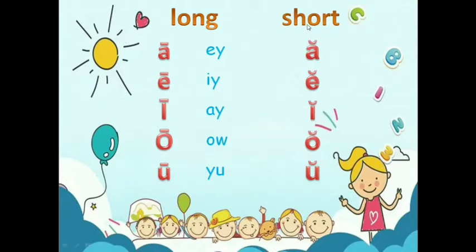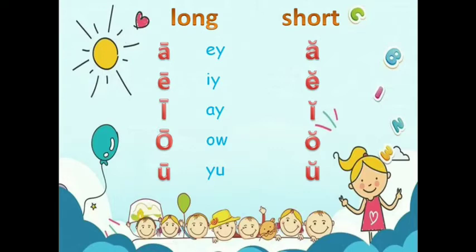It's called a breve. If it is a short vowel, then the A is not pronounced as A anymore, but it's pronounced as ah. Good.